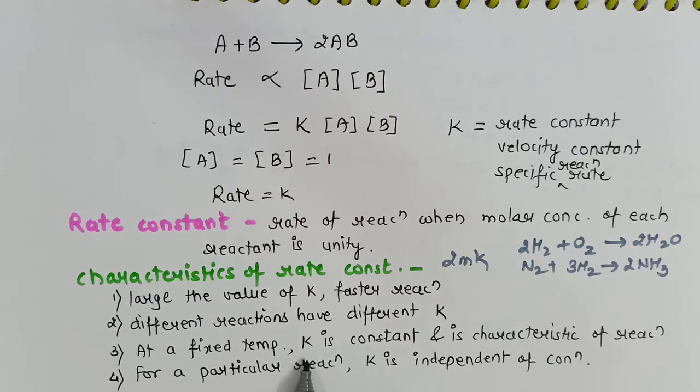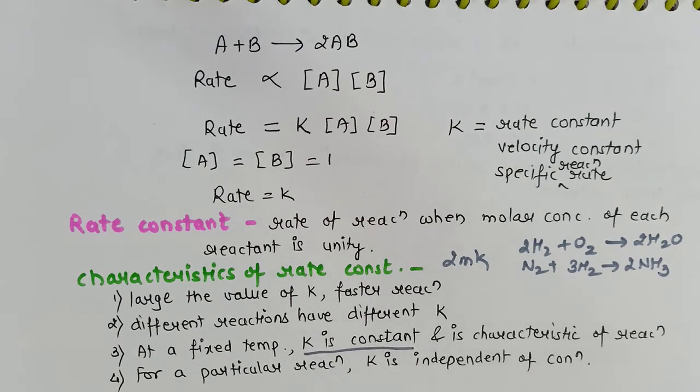Third, at a fixed temperature, K is constant and is characteristic of the reaction. For example, if a particular reaction is occurring at 50 degrees Celsius, the value of K will be constant at 50 degrees Celsius. But if you change the temperature, let's say if you increase the temperature to 80 degrees Celsius, then K will be different and will be characteristic of the reaction at 80 degrees Celsius.